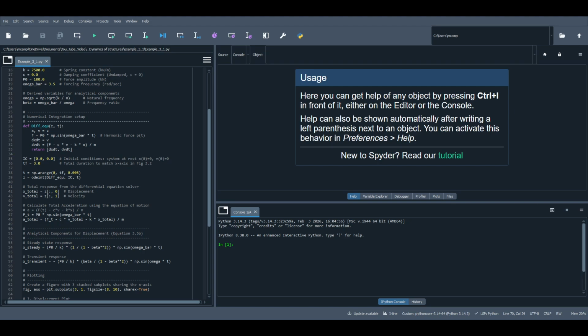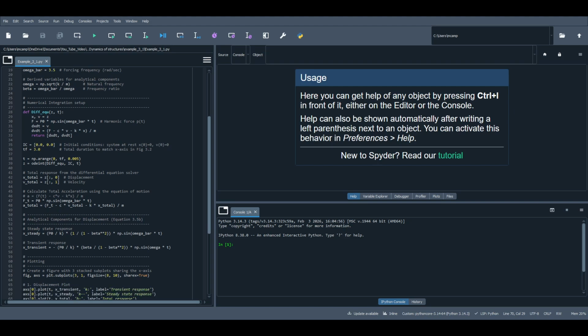Here in line 55 we define the initial condition, displacement and velocity at time 0, and velocity is equal to 0. And tf is the total duration of the graph we can plot.